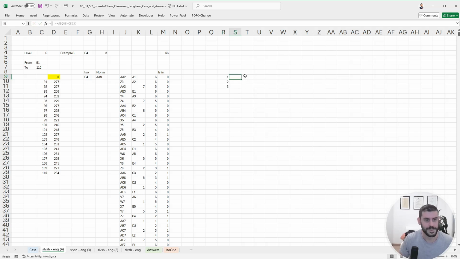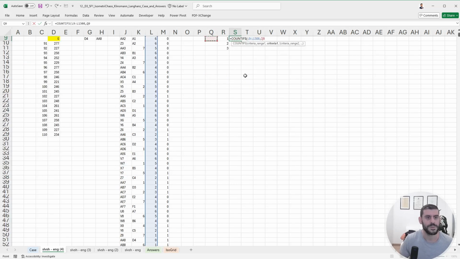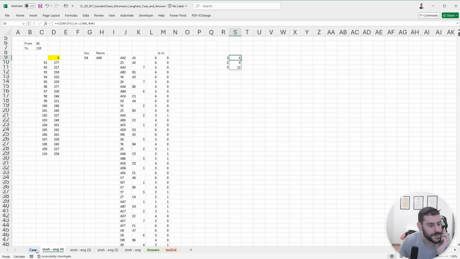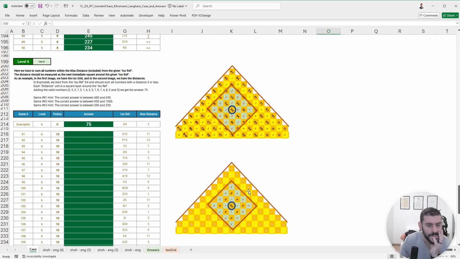Sequence of 3. This for this 4, 8, 12. 4, 1, 2, 3, 4, 5, 6, 7, 8. 1, 2, 3, 4, 5, 6, 7, 8, 9, 10, 11, 12. So part 3 is right.